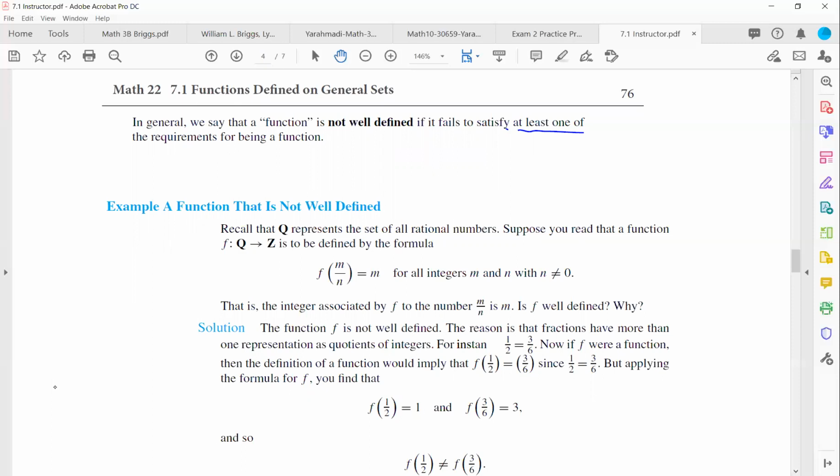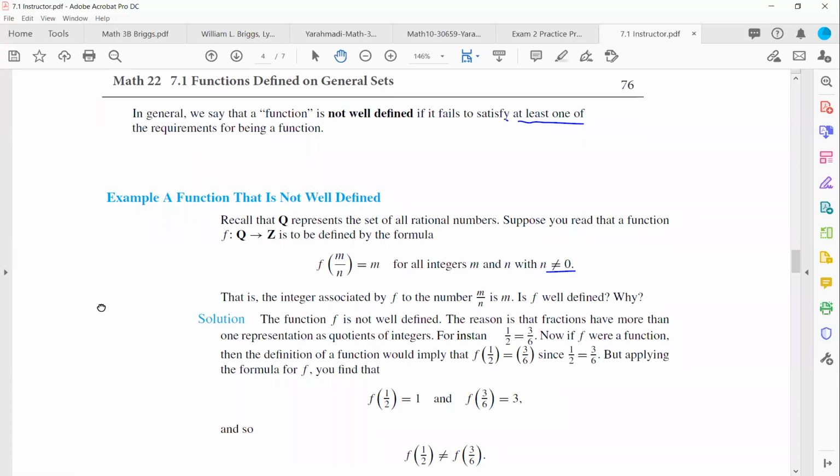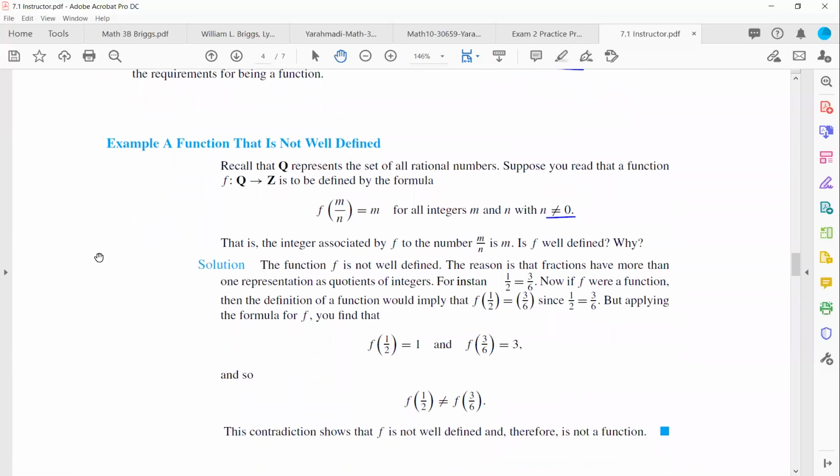You say I have a mapping f that maps rational numbers into integers, and I want to define it this way: if I take a fraction m over n, this mapping maps this fraction into its numerator m, and suppose the denominator is never 0. Do we have a function? Does this mapping satisfy all the conditions to be a function?